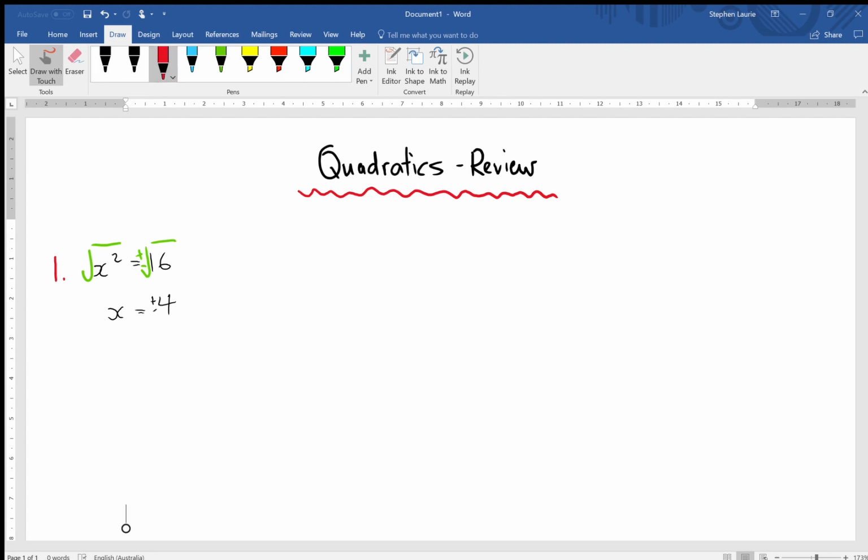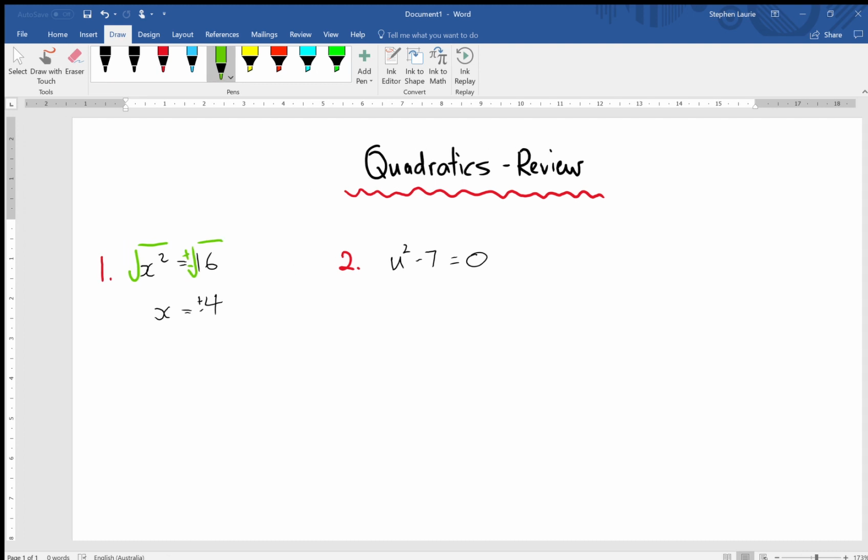Alright, have a go at this one. u squared minus 7 equals 0. Alright, we want to add 7 to both sides.